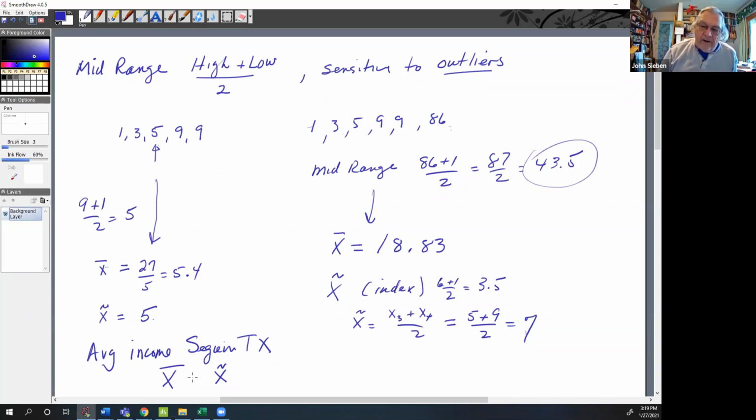Let's just talk about these two. Which do you think would give you the truest feeling for what the average income is? Average can mean different things. Average is not precise. So what would be the best measure of average? X bar, which is the mean, or X tilde, which is the median? X tilde.